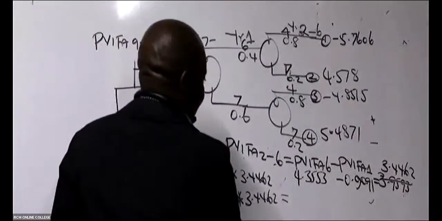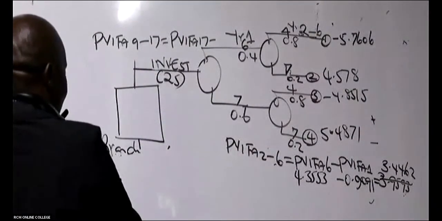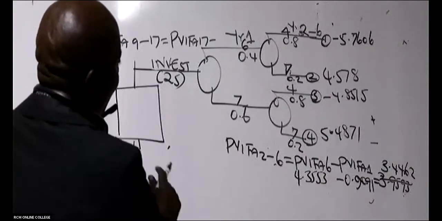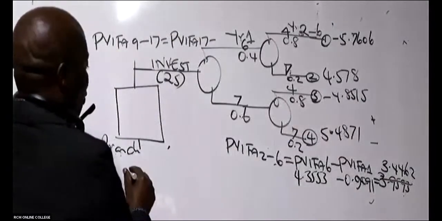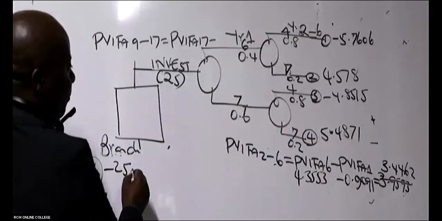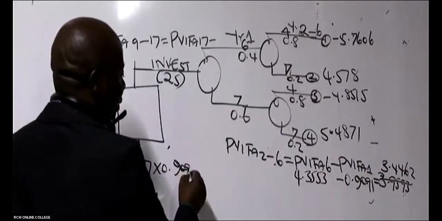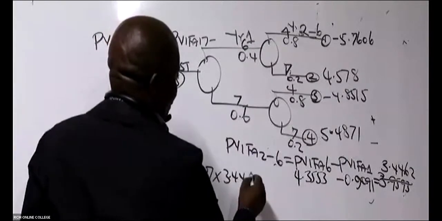I can do it, let me do it. For branch number 4, it will be minus 25 plus 7 times 0.9091 plus 7 times 3.4462.